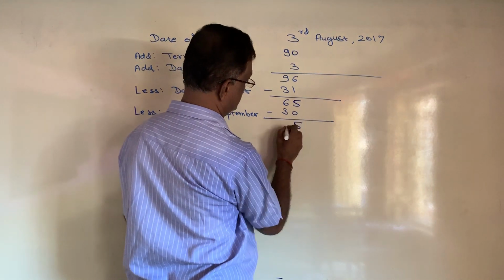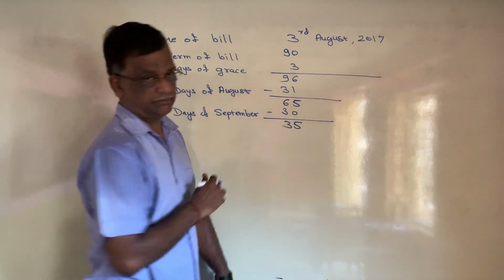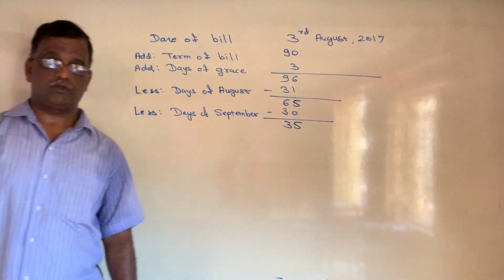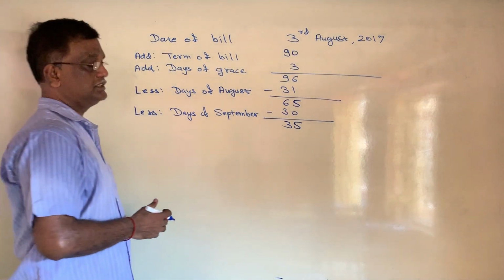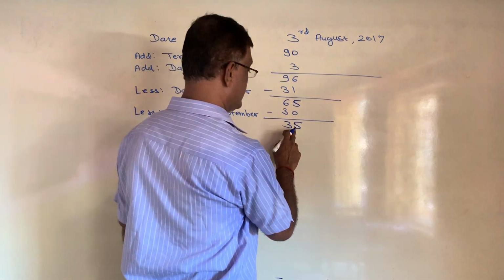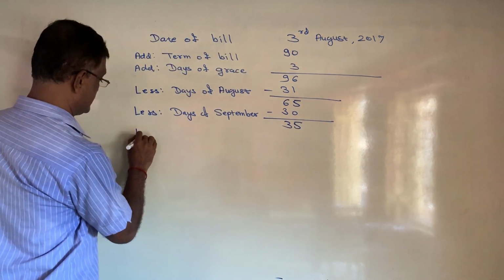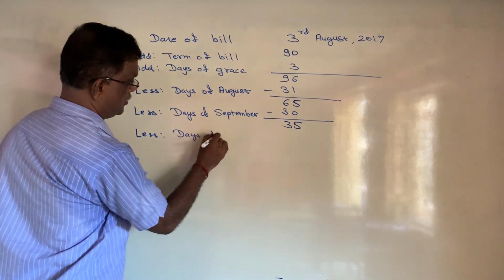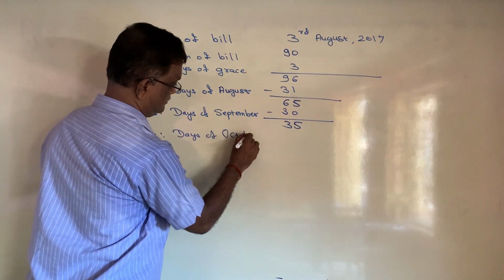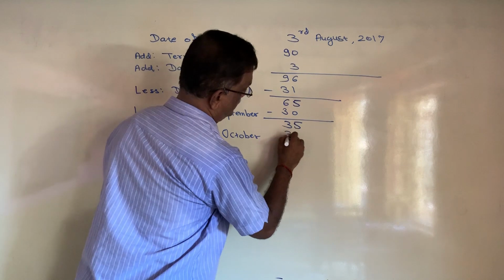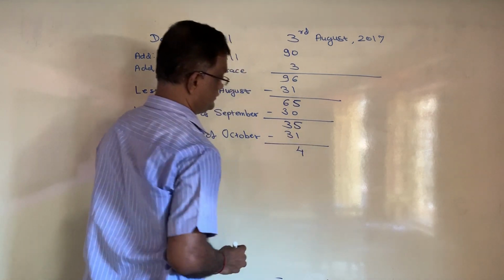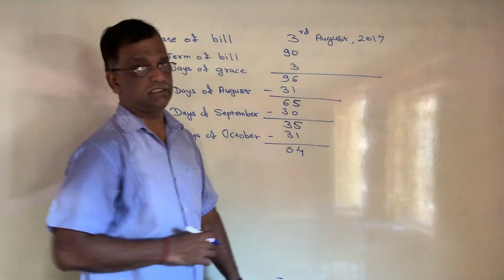So 5 and 3, 35 still left. From this 35 you can deduct the next month, that is October. October month consists of total number of days 31, can be deducted here. So less days of October, 31. 5 minus 1 is 4 and this is 0, so answer is 4.